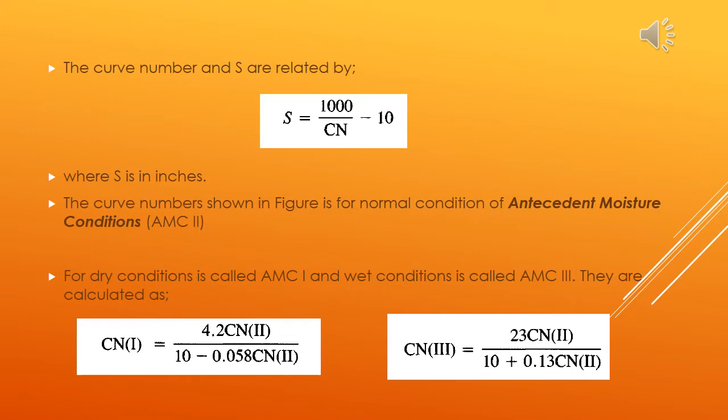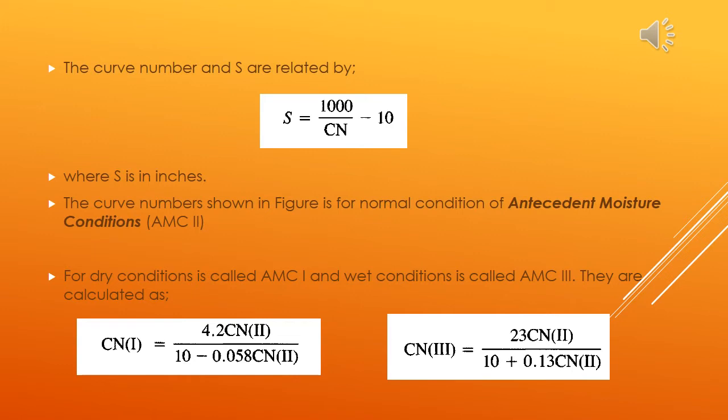We have this equation where S is in inches as well. The curve number shown in the figure is for normal condition, which is shown as AMC2, the antecedent moisture condition. So for normal condition, we use AMC2.